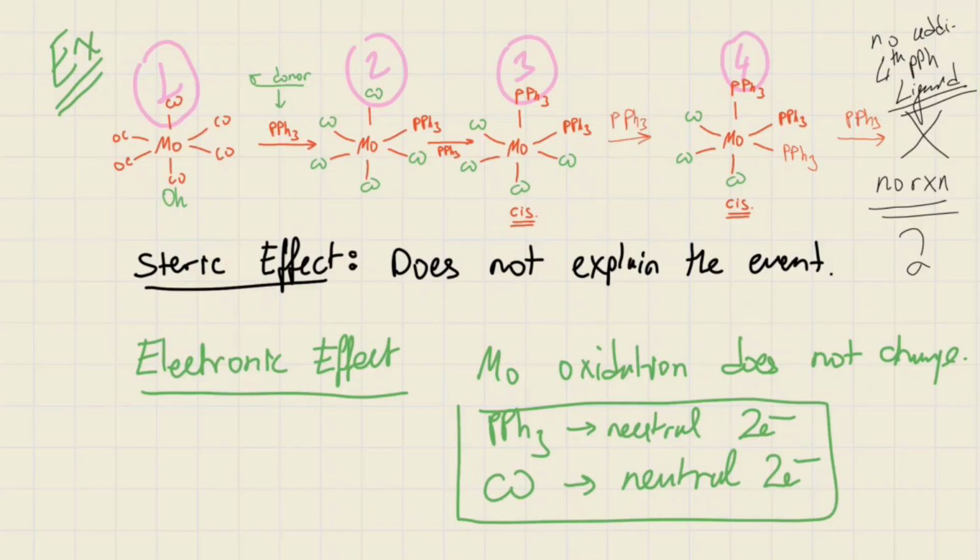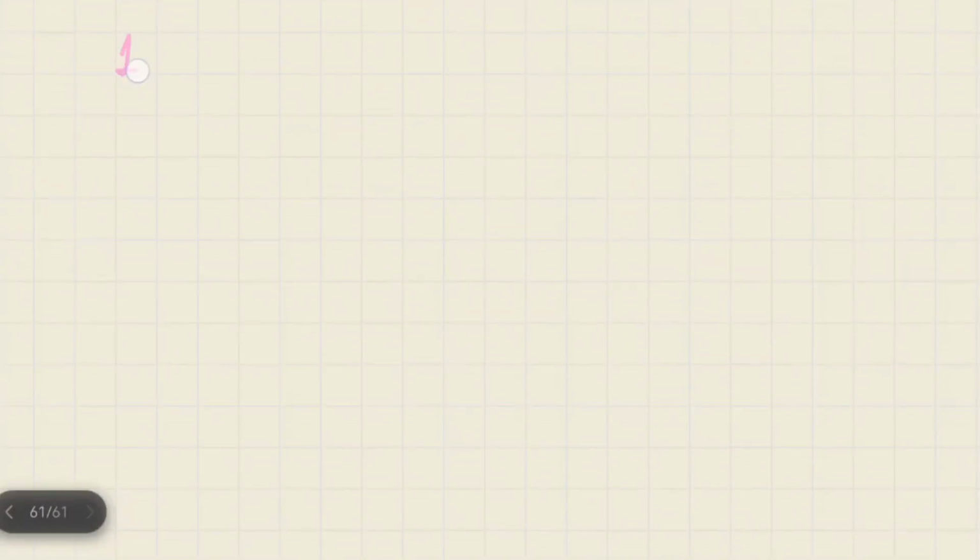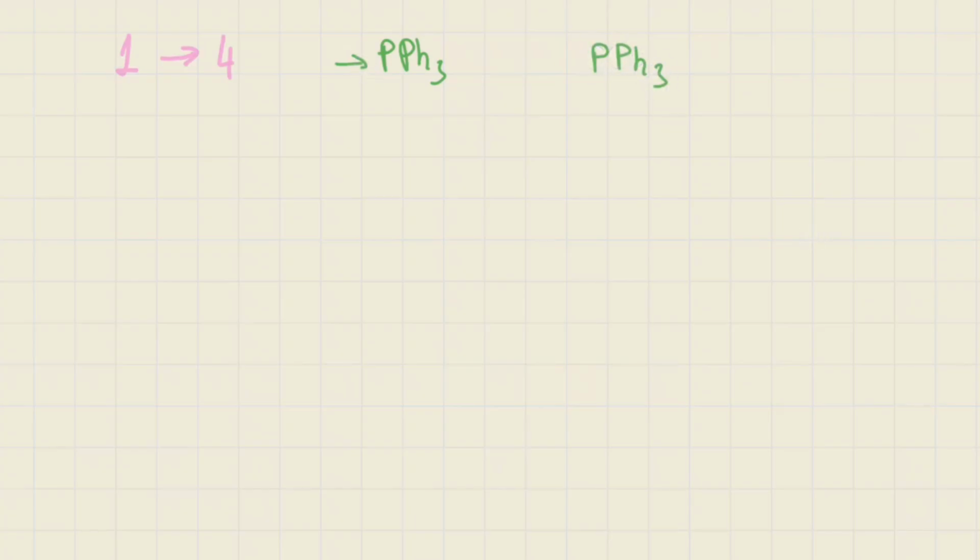So going from 1 to 4, the number of phenyl groups increases, right? When the phosphine ligands increase, of course, phosphine ligands have the phenyl groups, and they donate more electrons to the metal center. We have electrons on the ligand, we have a metal center, and it donates the electrons to the metal center.